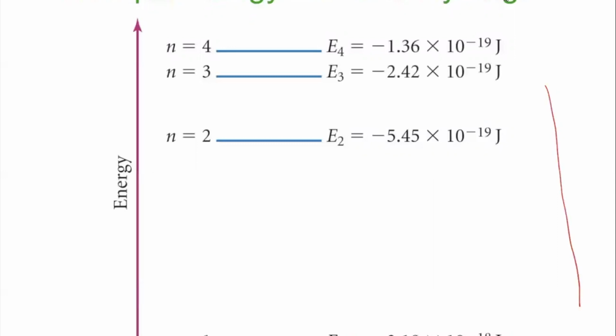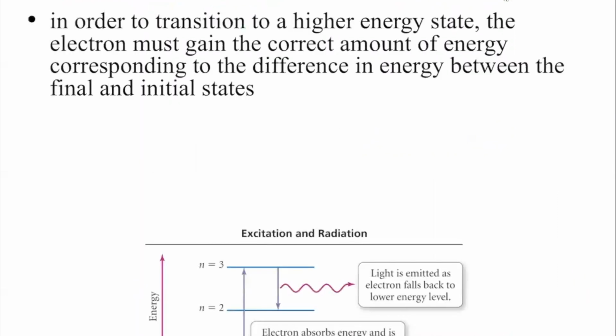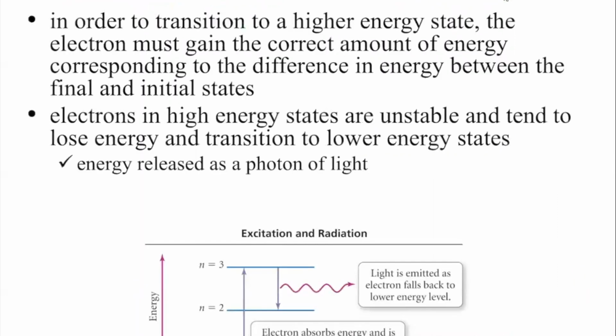Now, electrons are going to transition from one orbital to the next one. So, electron transition. In order to transition to a higher state, let's say I'm in n=3 and I'm trying to go to n=5, the electron must gain the correct amount of energy corresponding to the difference between the final and initial levels. So if you're sitting here, you need to get enough energy to jump to that level.